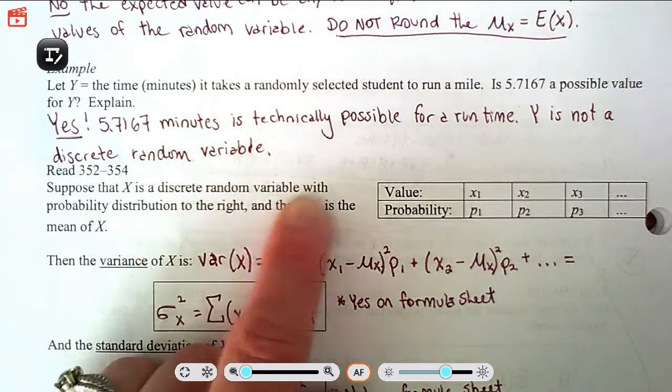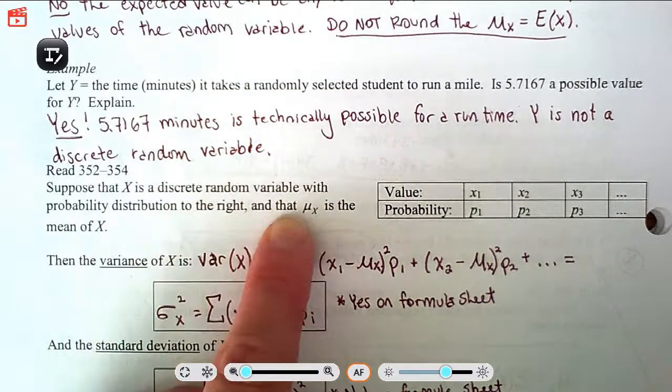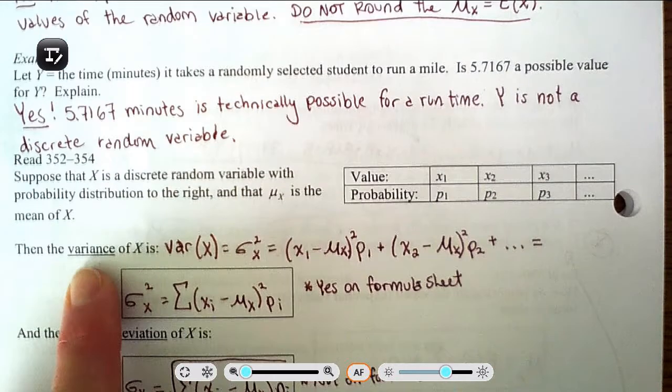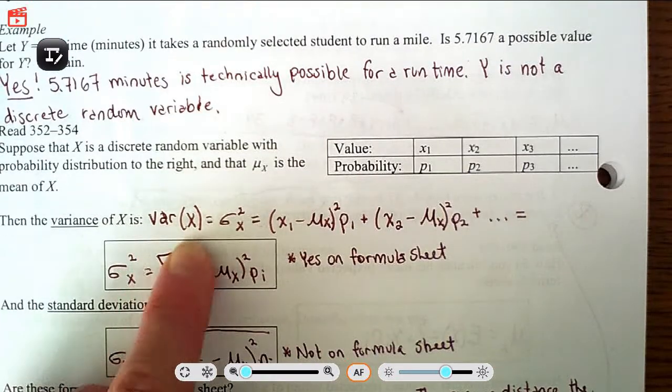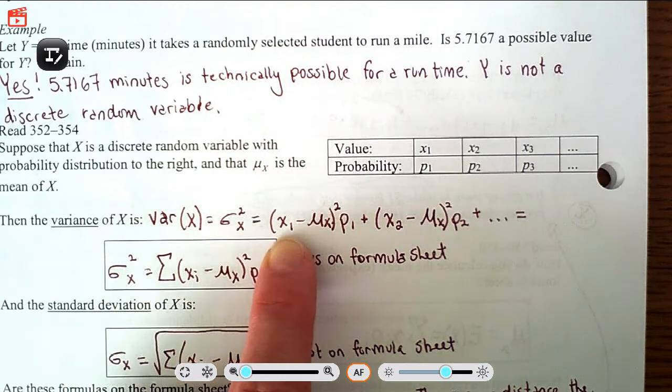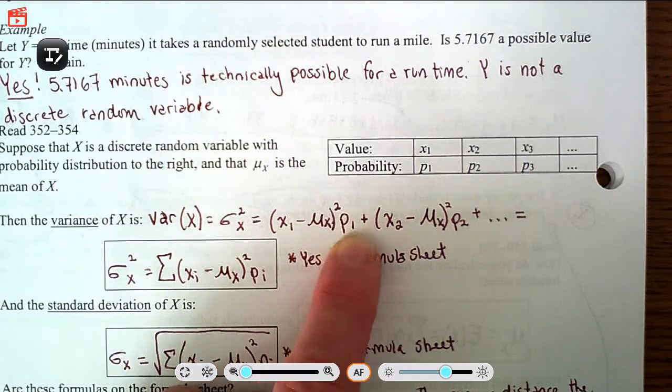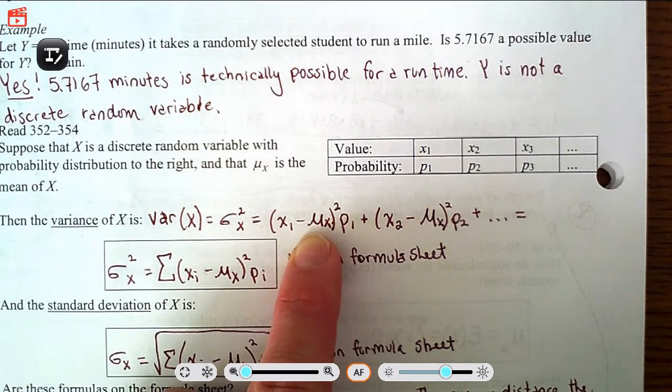Suppose that X is a discrete random variable with the probability distribution to the right, and that mu X is the mean of X. Then the variance of X, sigma X squared, is the summation of each observation minus the mean, squared, times the probability of that observation.